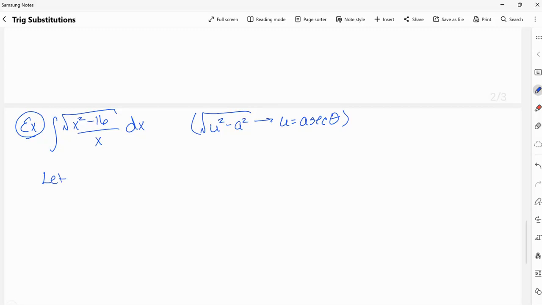So we're going to let x equal a, in this case that's 4, secant of theta. So that means x over 4 is equal to secant of theta. That's enough information to build our triangle.